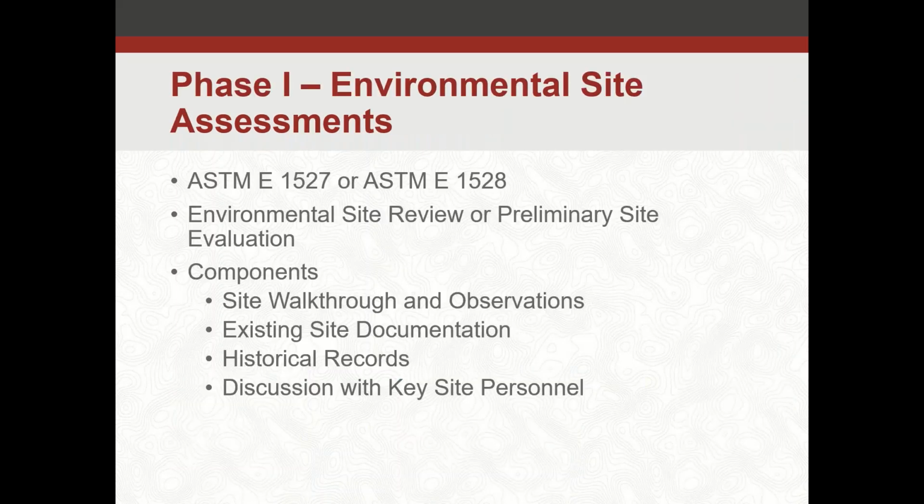All right, for phase one environmental site assessments, you can follow a standard process, such as ASTM E1527. That's a phase one environmental site assessment process, or an ASTM E1528, which is an environmental transaction screen process, which is more of a condensed phase one ESA.